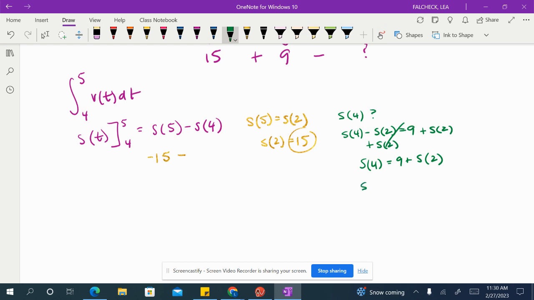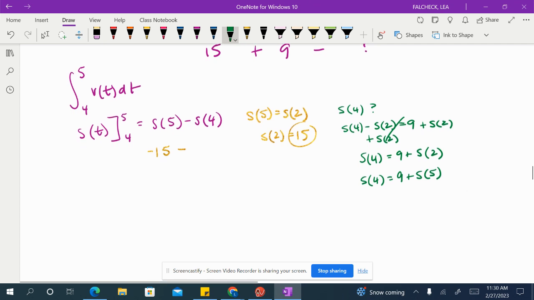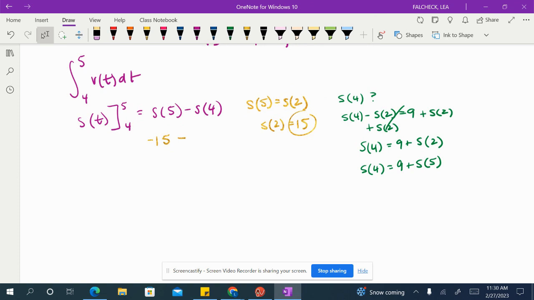That was given. So now I just have s of 4 is equal to 9 plus s of 5. And s of 5 is the same thing as s of 2, which is going to be 15. So I've got s of 4 is equal to 9 minus 15. So that gives me s of 4 equals negative 6.